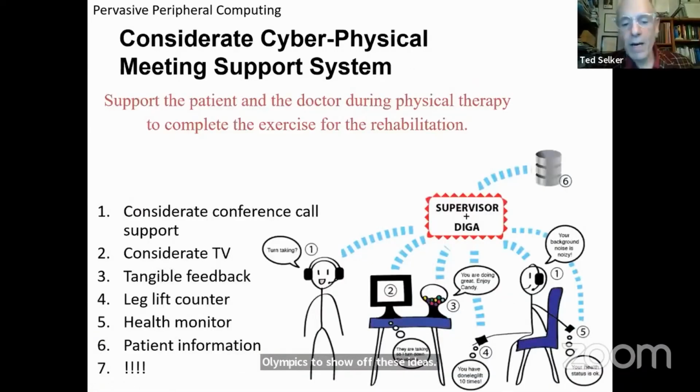One of the more complicated things we built was something that, when you're doing physical therapy, would notice whether people were distracting you or not, whether they were helping you or not, and be aware of how to give you some feedback, some candy if you did a good job.